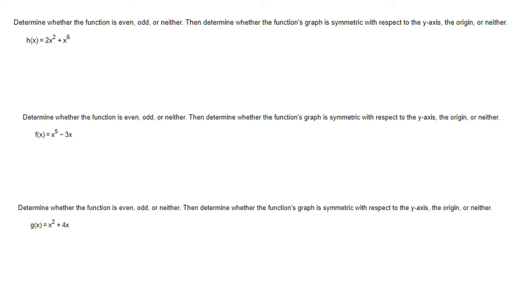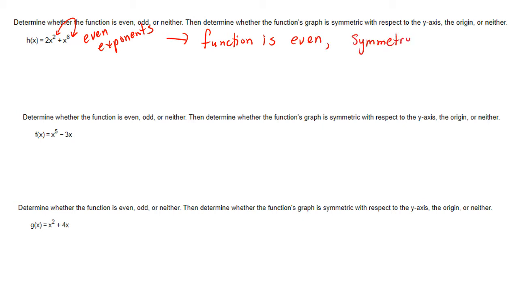This first example asks us, is the function even, odd, or neither? Notice the exponents are both even exponents. If you have even exponents, then the function is even. That means it has a symmetry with the y-axis.